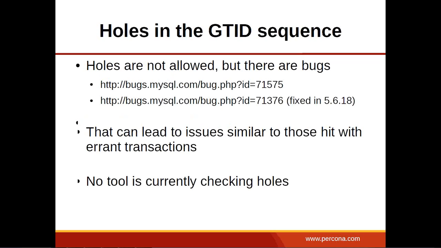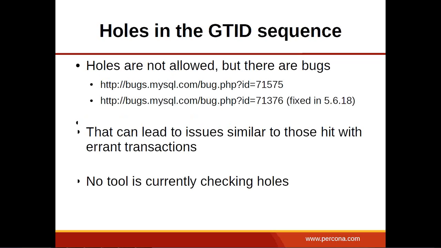Another interesting thing is if you have holes in the GTID sequence. Holes are not allowed at all. It is strictly forbidden. Unfortunately, there are bugs. For instance, one has been fixed in 5.6.18: the bug was that when you had replication filters, you got holes.